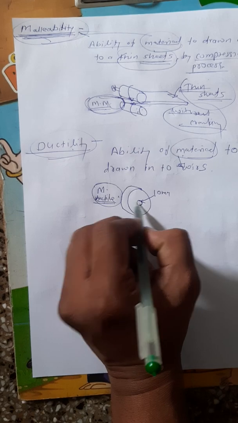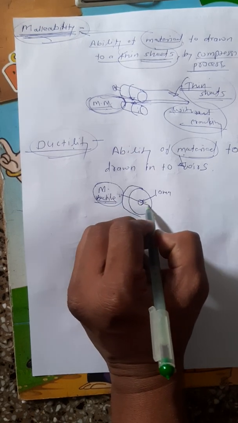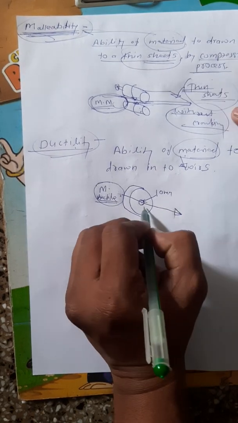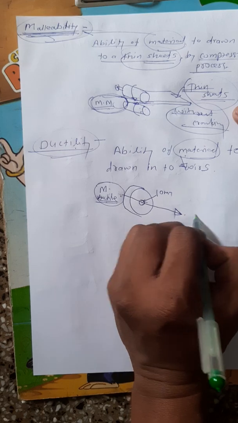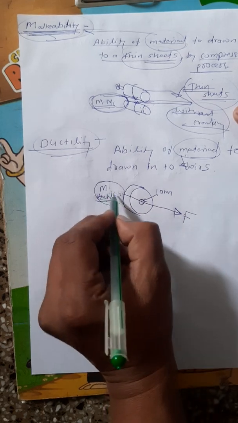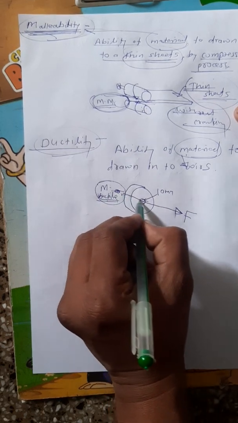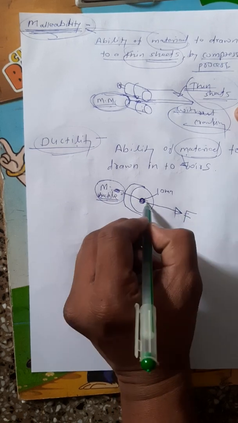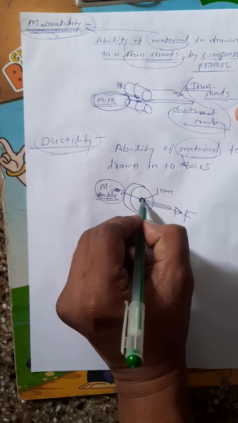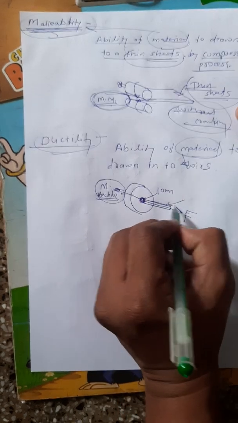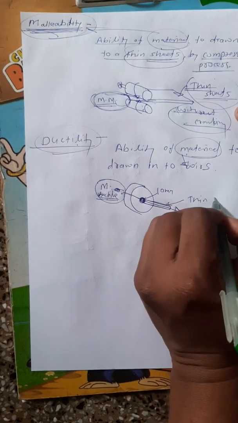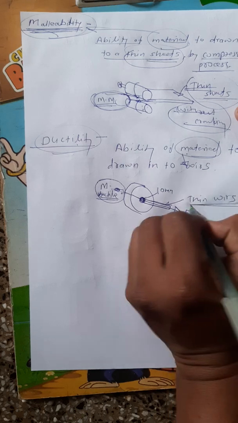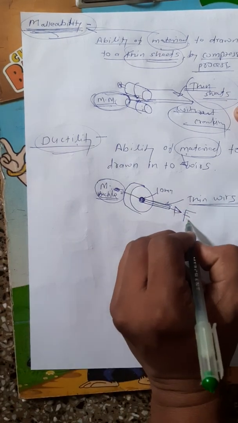Once you pull this ductile material by any means through this hole, you will get thin wires by the pulling action.